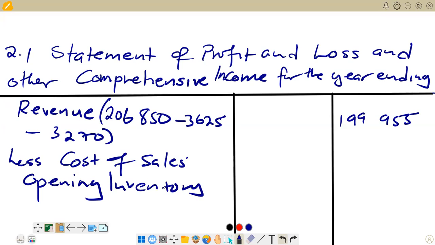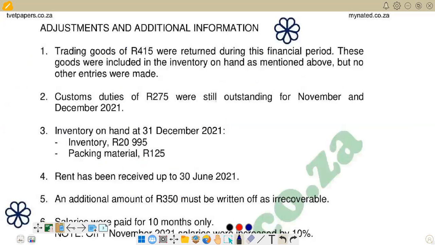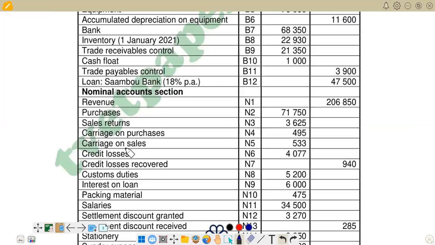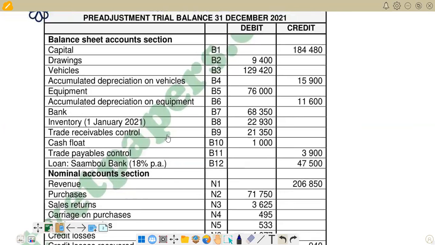Right, this is our opening inventory. So we go back to our list of balances to check the figures for inventory that we have. If you come here, you'd see that for opening inventory, we have got our inventory on our list of balances. So you see that we've got inventory here, which is 22,930.